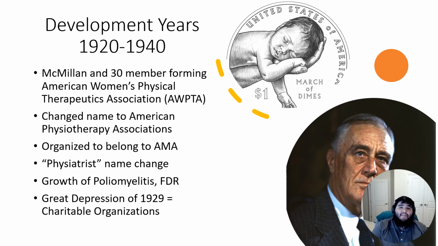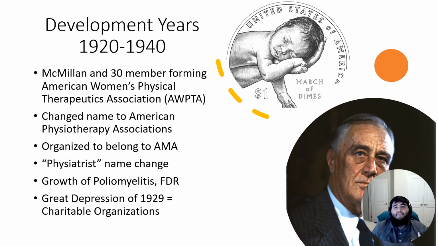Now, thankfully, in 1937, they created the National Foundation for Infantile Paralysis, and this used the funding and money from charitable organizations like March of Dimes to open new facilities and give the equipment to those who needed it. Mostly at this time, there were people at home, so they were able to get linen and equipment to those who were affected at home.